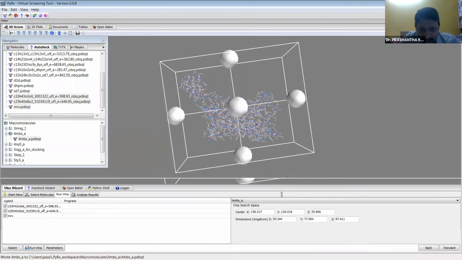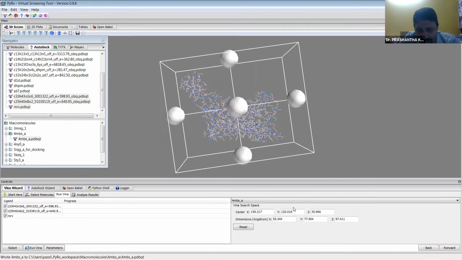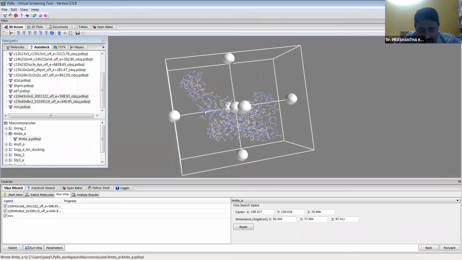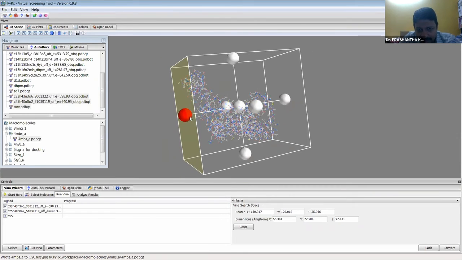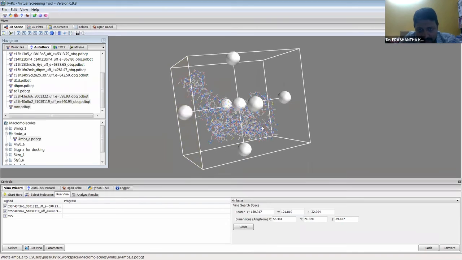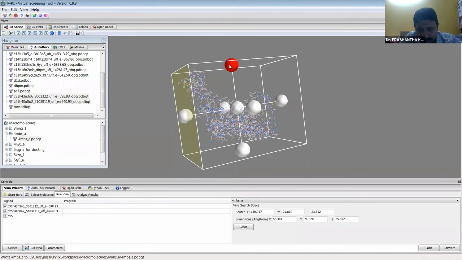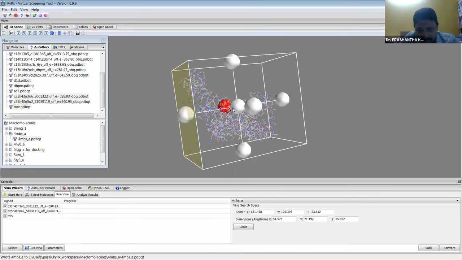I will make it again. We have X, Y, Z, that is this center. Then the dimensions. Now if you observe, the Z value is changing. If I change this, Y value is getting changed. And if I change, I think this is the one in the background, now the X dimension is going to change.